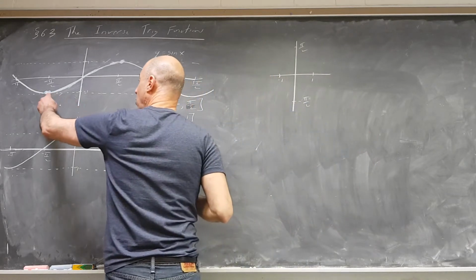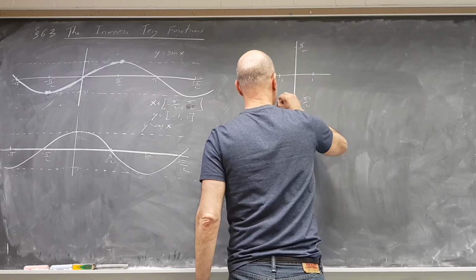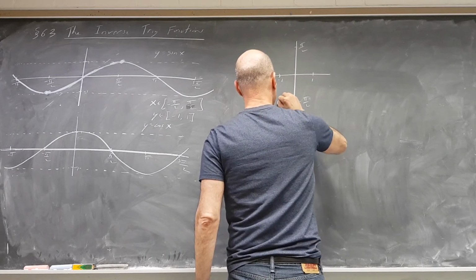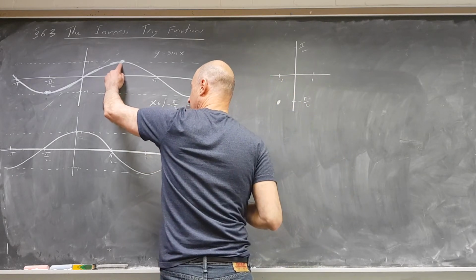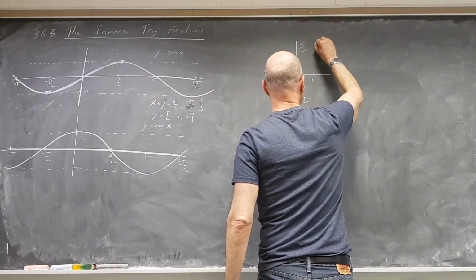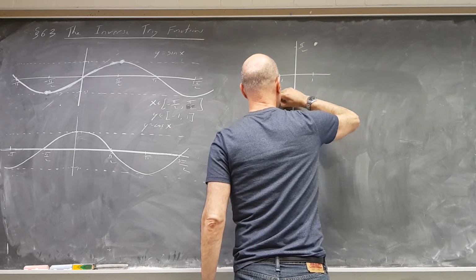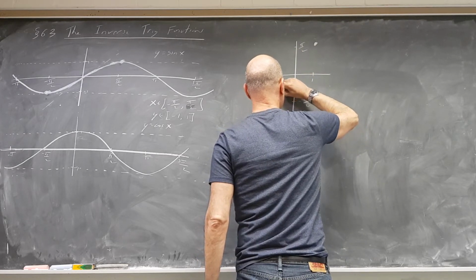This curve goes through the point negative pi over 2, negative 1. So this goes through the point negative 1, negative pi over 2. And over here we have the point pi over 2 comma 1. So here we have the point 1 comma pi over 2. The x and the y coordinates just switch roles. You end up with a curve that looks very much like this.